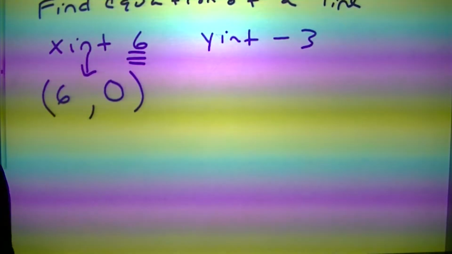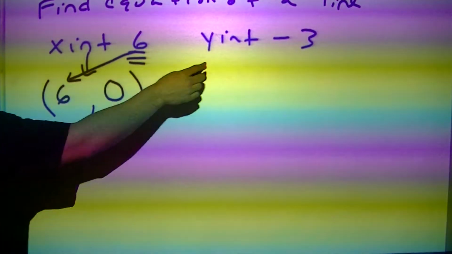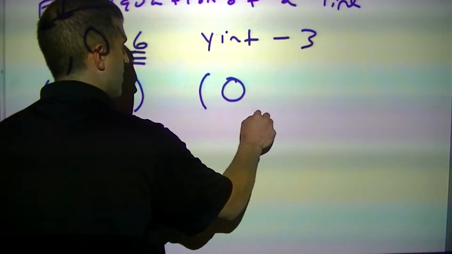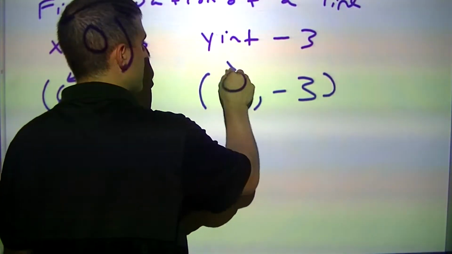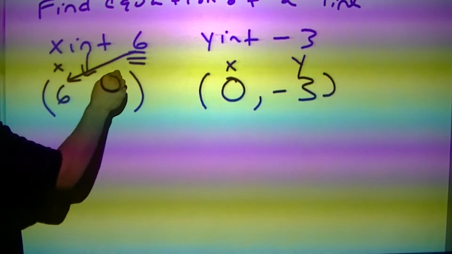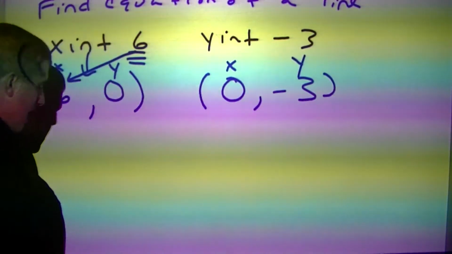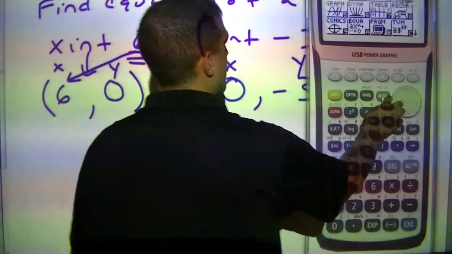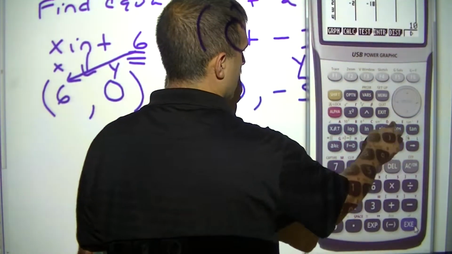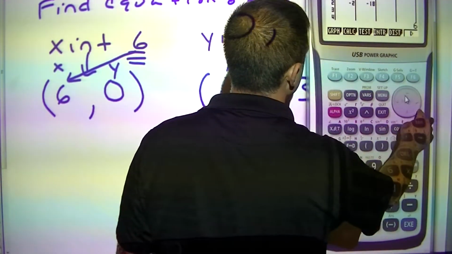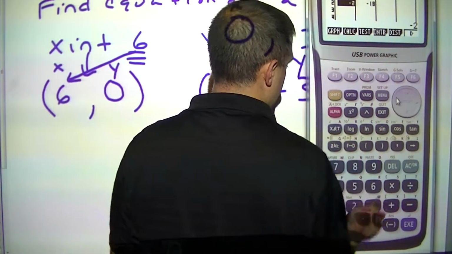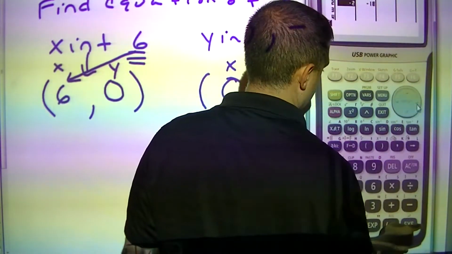So when they have the intercepts, that goes right into there. Y-intercept is -3: 0, -3, because that's the x, that's the y. So once again, go ahead and use your calculator. Go to menu and stat. I'm going to type in 6 and 0. Notice they go next to each other. And 0 and -3.